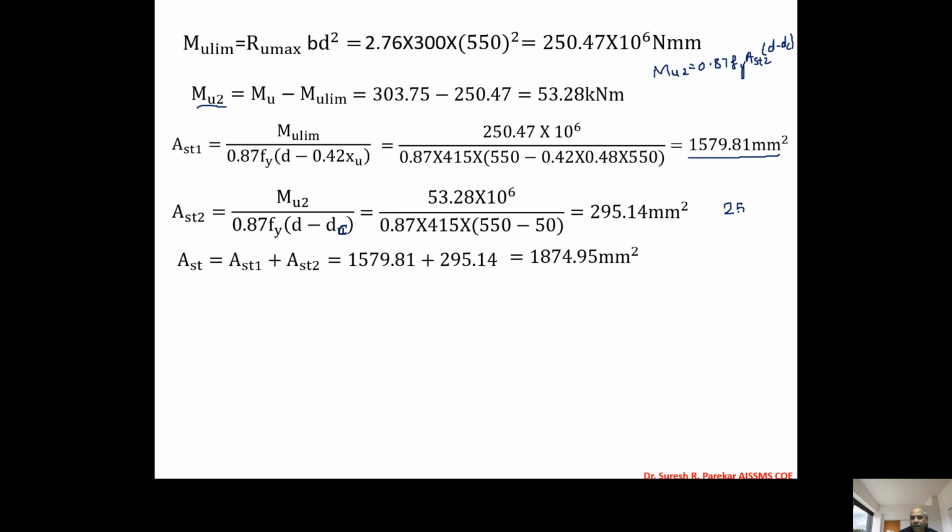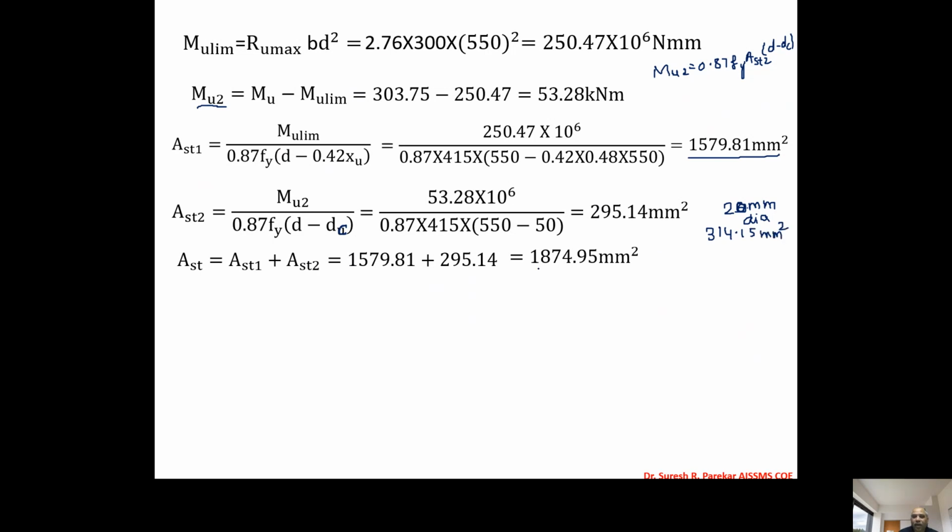Now you can see, if we go for 20 millimeters diameter bars, the area for a 20 millimeter diameter bar is 314.15 millimeter square.